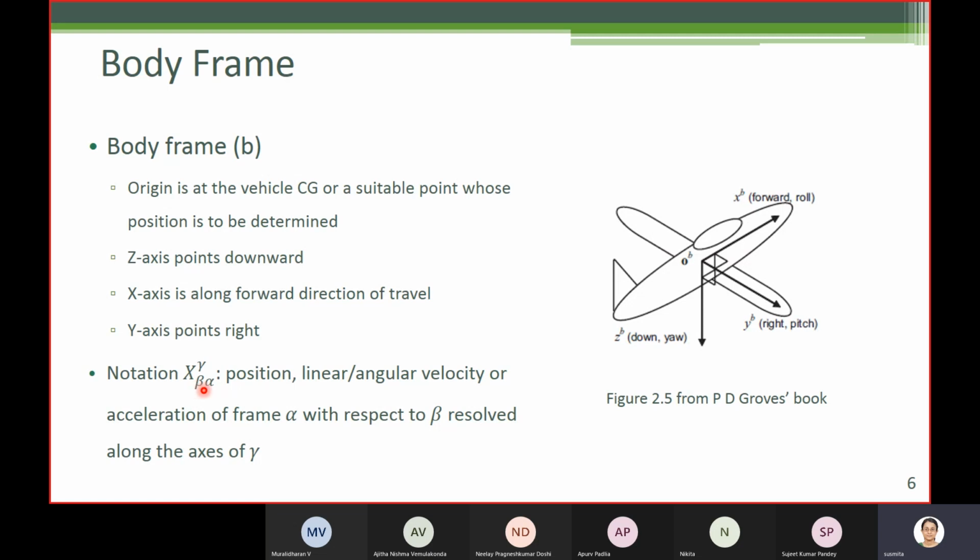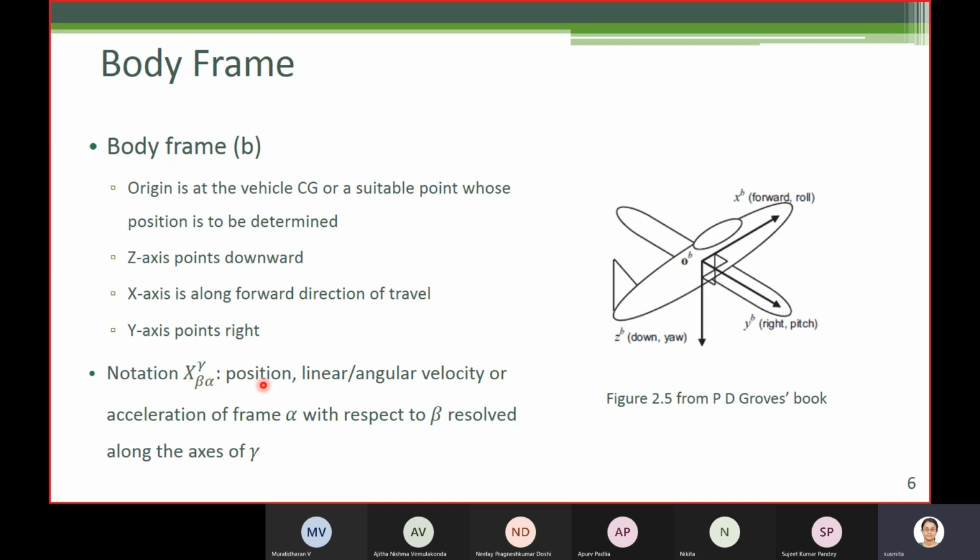We are interested in finding this quantity of the alpha frame, so alpha is called the object frame. In the subscript, the left one is the reference frame and the right one is the frame whose position, velocity, etc. we want to determine, which is also called the object frame.